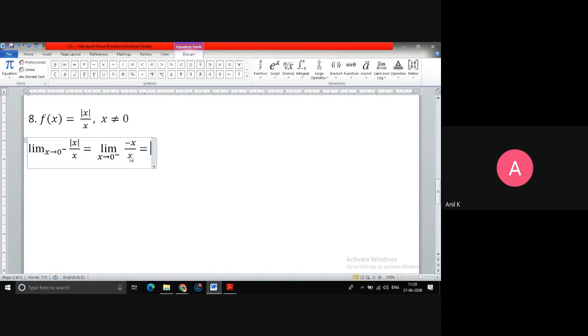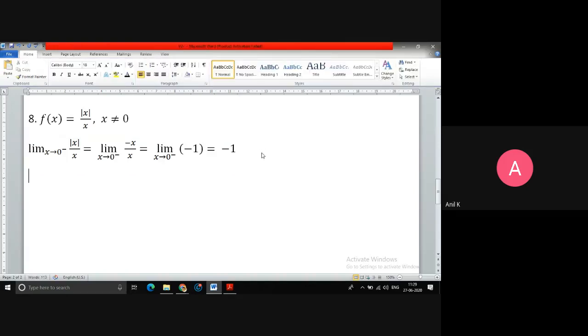So limit x tends to 0 minus of minus x upon x is going to be minus 1. So hence this answer is going to be minus 1. I got my left limit answer as minus 1. Now let me go for the right limit answer. Limit x tends to 0 plus, you have mod x upon x. Let me copy this step.